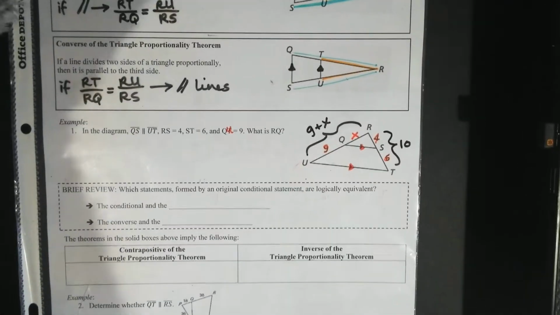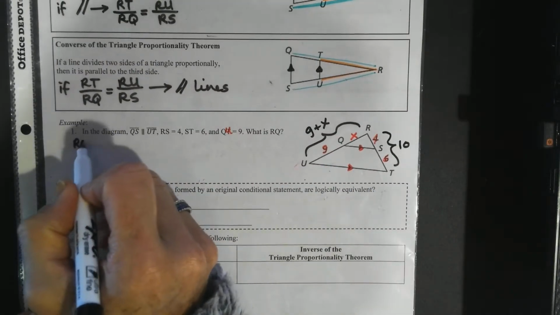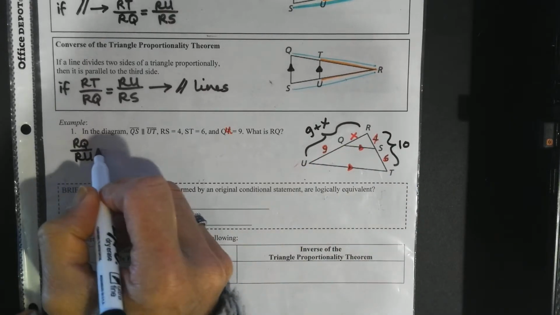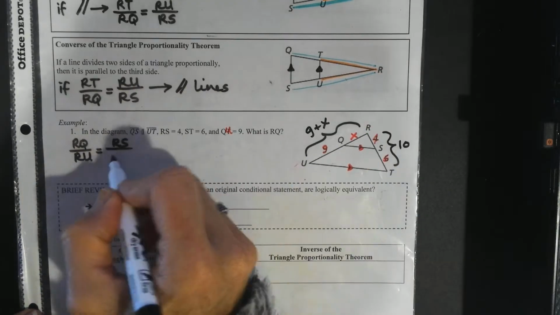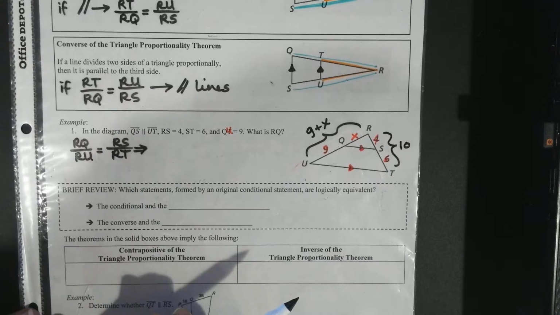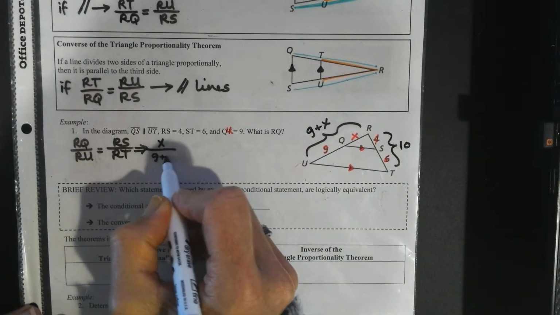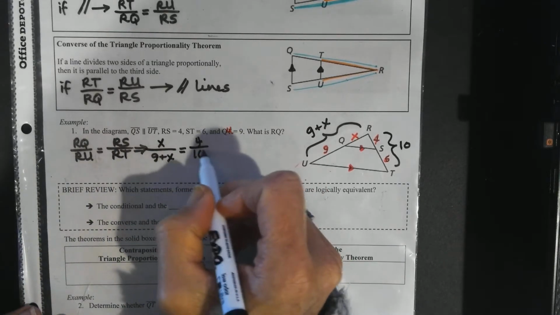Let me zoom in just a touch. But what this ratio is saying is RQ over RU equals RS over RT. So now I can just plug those numbers in. Okay, I get x over 9 plus x, and that equals 4 over 10.